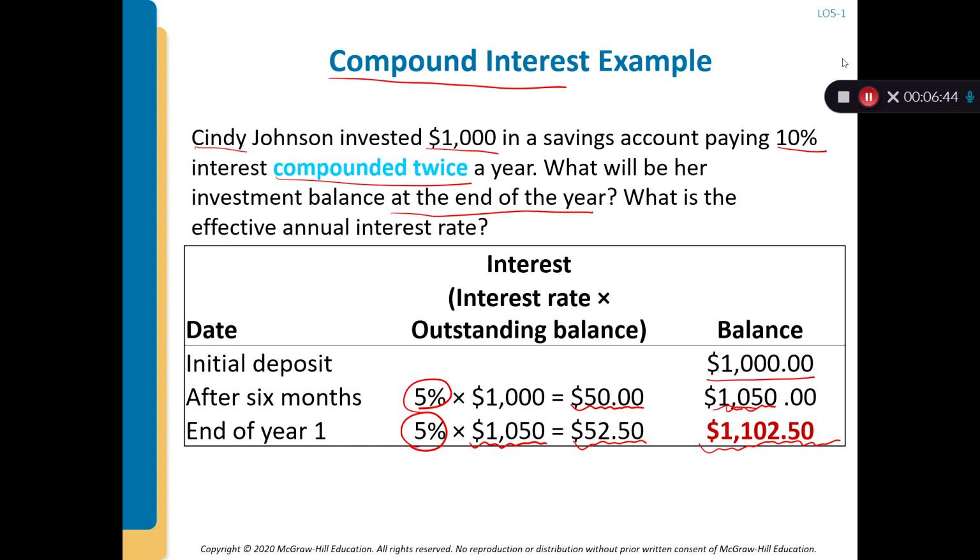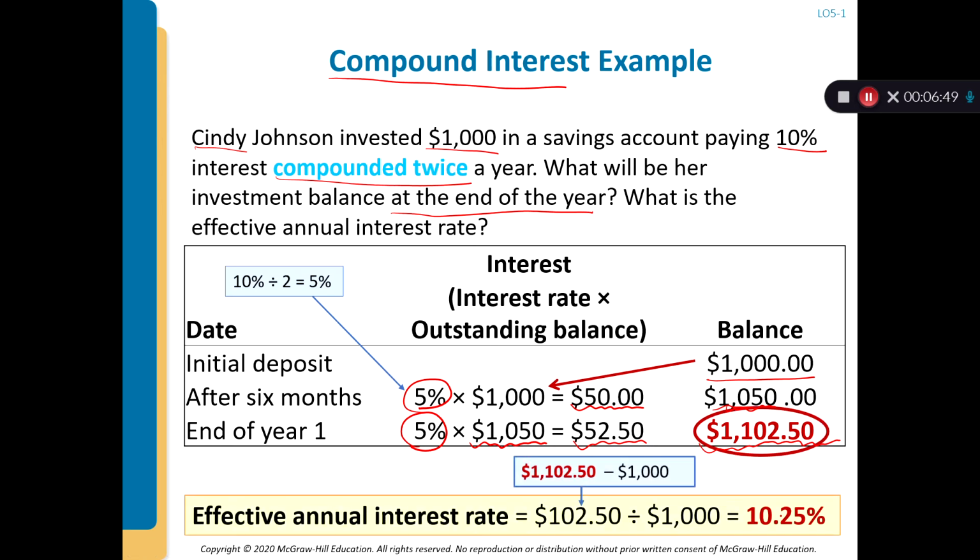So therefore, the effective rate here is actually equal to 10.25%. The reason is that we use $1,102 minus $1,000 and then divide by the base of $1,000, and the effective interest rate is 10.25%.